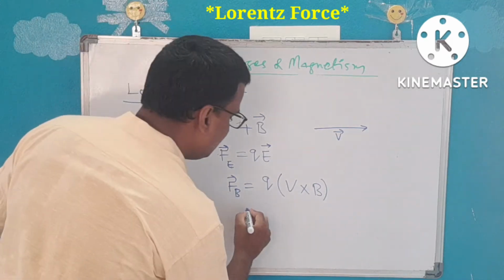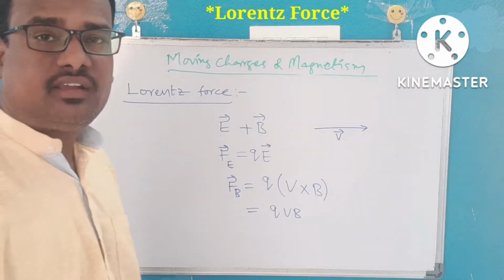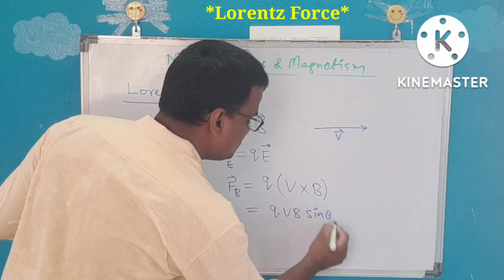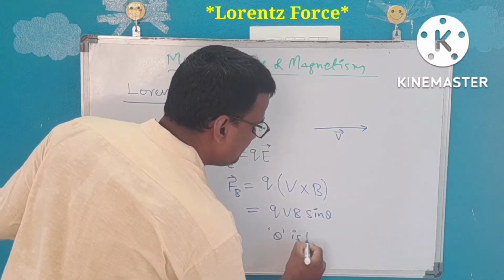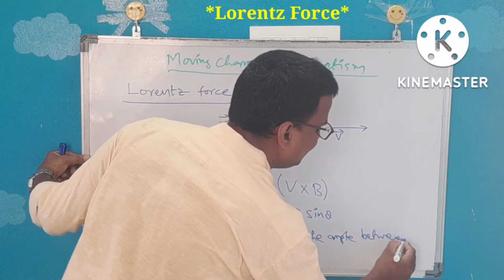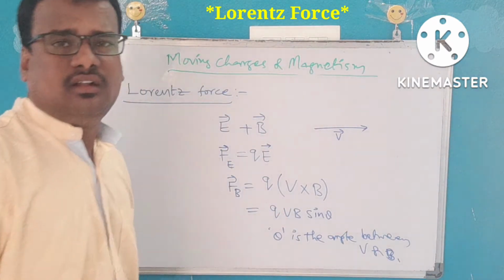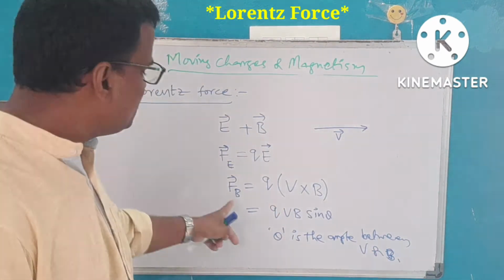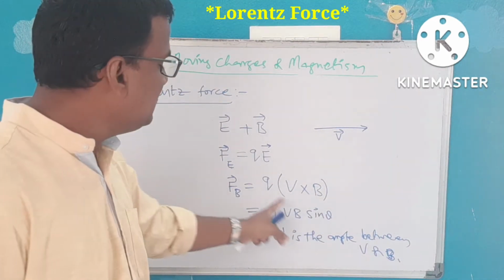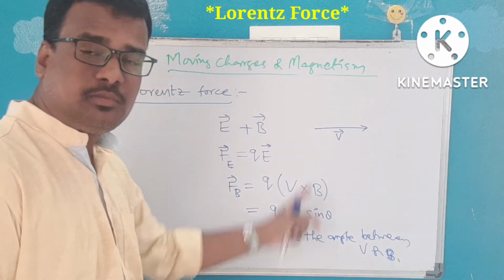Here there is a cross product, and in place of the cross product we can write the sin theta term, where theta is the angle between V and B. So the magnetic force F_B equals Q V cross B, where Q is the charge, V is the velocity and B is the magnetic field.